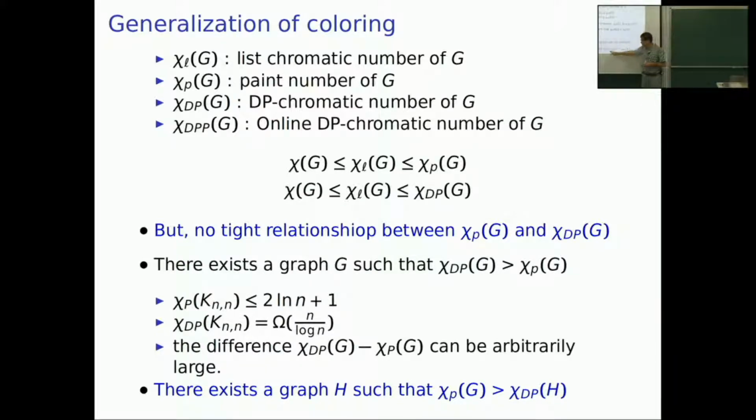But for some time, you were not sure if there's a graph with this property. But in this paper, we find a graph such that the paint number is greater than the DP chromatic number. So in general, we don't have a very tight relationship.